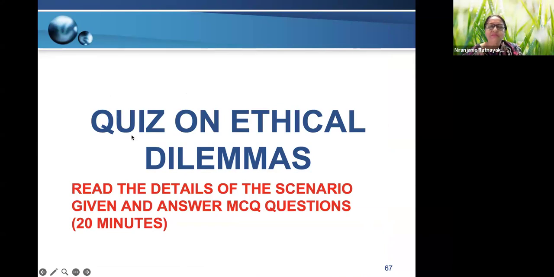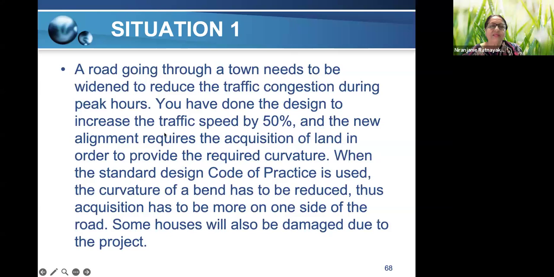So this is something that I have been giving my university students. These are dilemma situations that hopefully will give a bit of insight into how to use the code of ethics. Now, this first situation: a road going through a town needs to be widened to reduce the traffic congestion during peak hours.